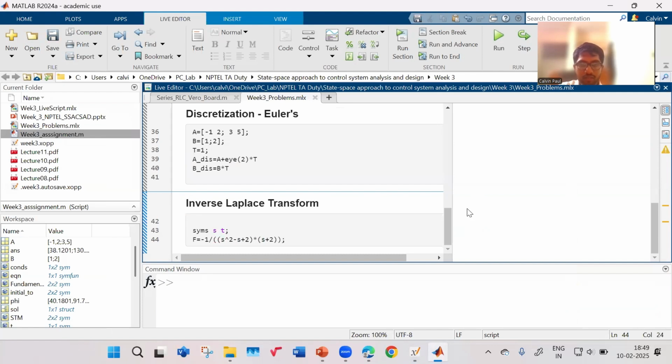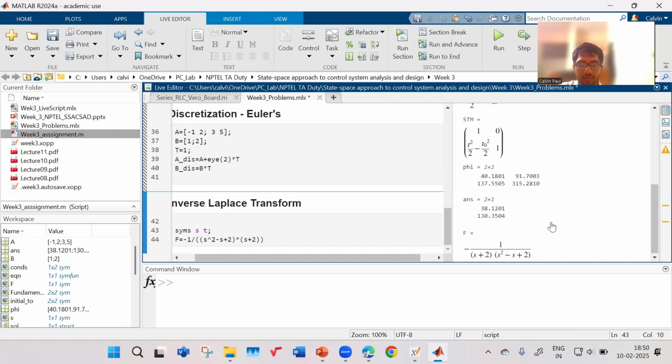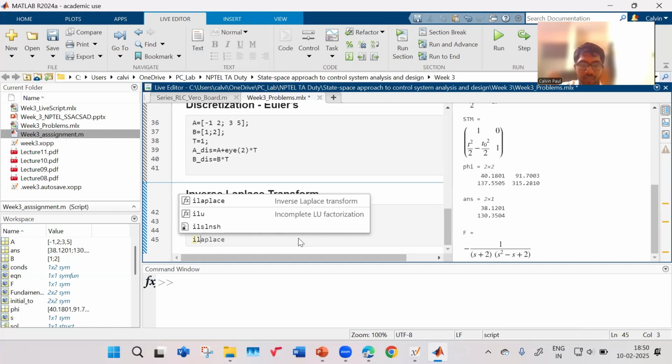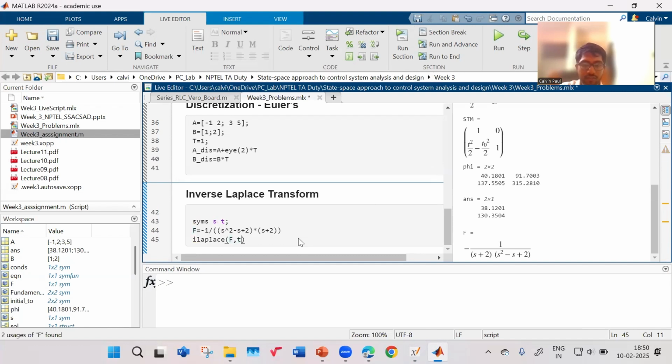Okay, so this is my function. Let me run this. So this is my F. So I have to find the inverse Laplace of F with respect to t. So I'll run the section.